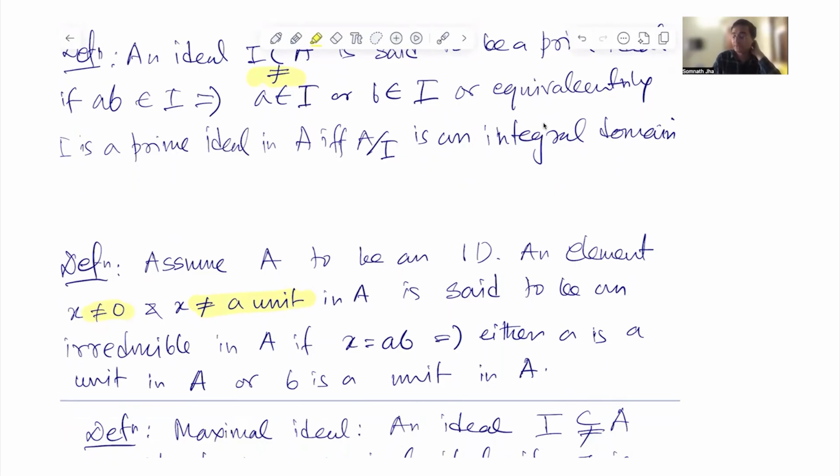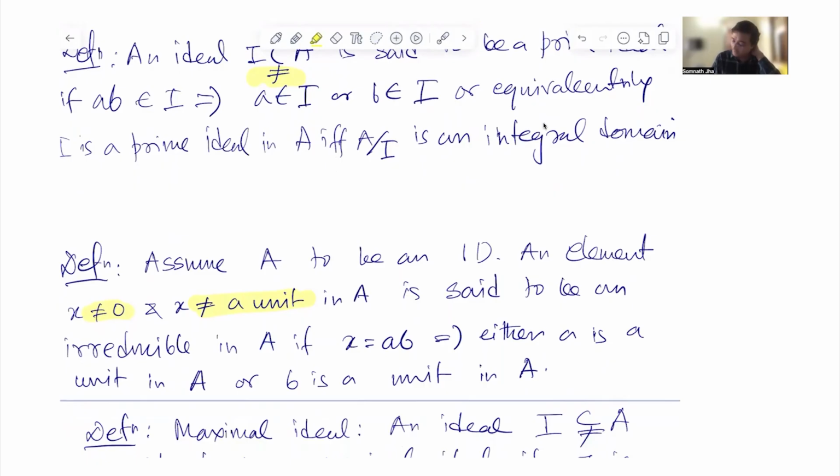What was a unit? Let me recall: it is an element which has an inverse. So an element x which is not zero and not a unit is called irreducible if it cannot be broken further. In the precise sense, if you write it as a times b, then either a or b is a unit.